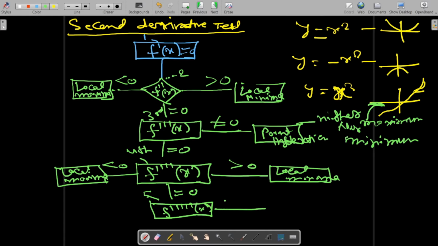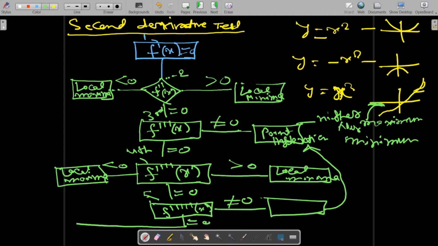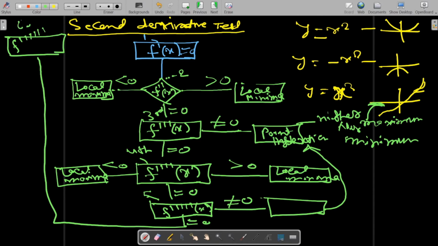Check if it is not equal to 0, then it is the same, a point of inflection. If it is giving 0, then evaluate f6, the sixth derivative, and check if it is greater than 0 or less than 0.